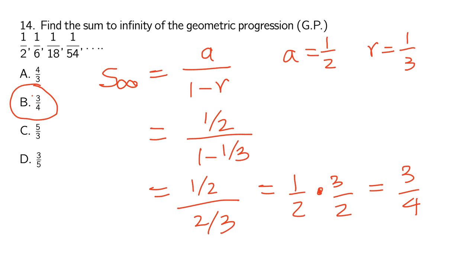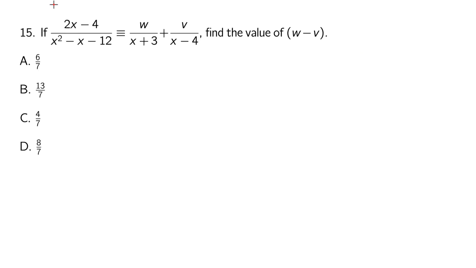The next problem says if this rational function can be broken down this way into partial fractions, find the value of w minus v. Now partial fractions, a big topic in this exam, so you have to know how to handle partial fractions.